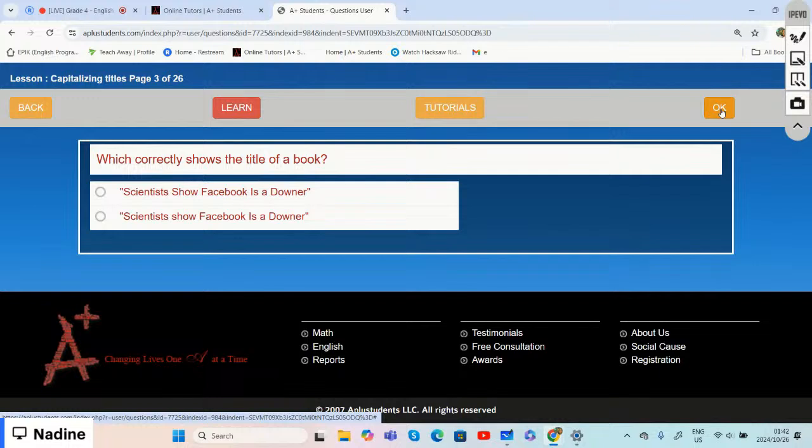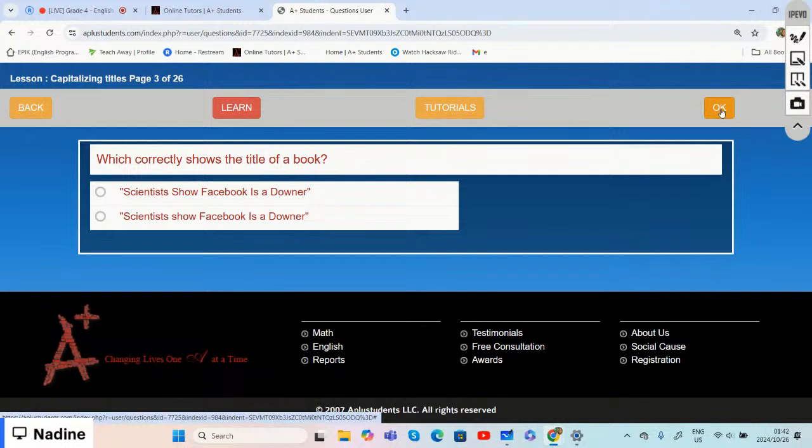All right. And if we were to choose the correct option, remember the first word needs to be capitalized, the last word needs to be capitalized, and every important word in between needs to be capitalized. All right.